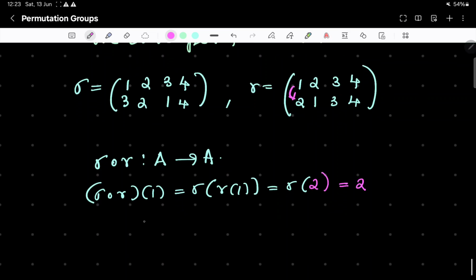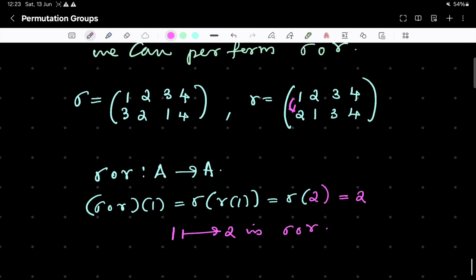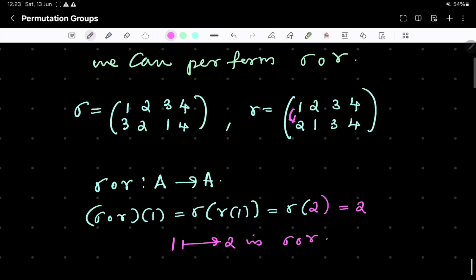That means 1 goes to 2 in sigma dot gamma. This can be observed in a different fashion also. In the basic notation, you can see 1 goes to 2, and once you hit 2, you start that value from sigma, then 2 goes to 2. That means 1 goes to 2 also.